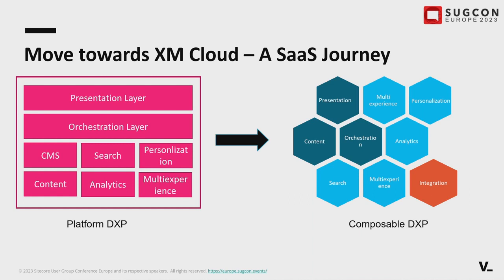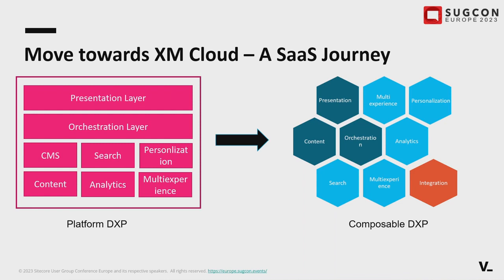You're completely moving from the platform DXP, which is a single big bundle of all the features, to the other aspect, called composable DXP, where all the tiny little pieces can be composed by you. You can choose whichever is best suited for your business, compared to the platform DXP, which has everything bundled for you. Everyone is moving towards this journey, but it's not that simple and comes with a lot of challenges.